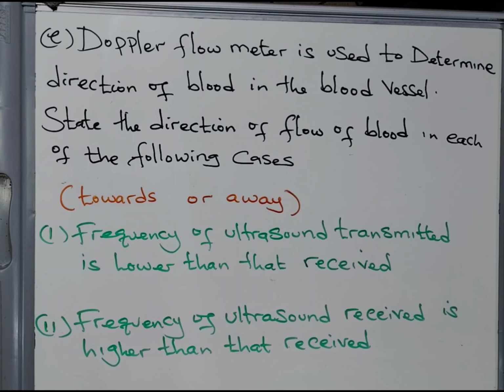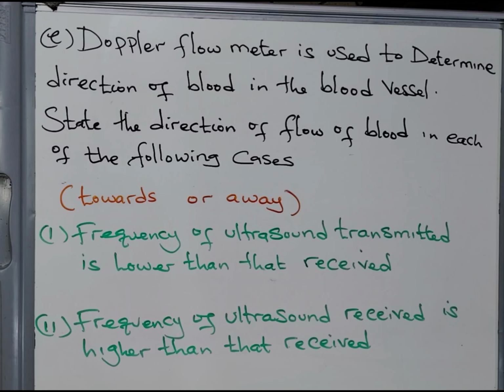You have to know what happens actually during the use of Doppler flow meter. Ultrasound is sent to the tissue by the transmitter, and then the tissue reflects it back to the receiver. So here the frequency of ultrasound transmitted is lower than that received.